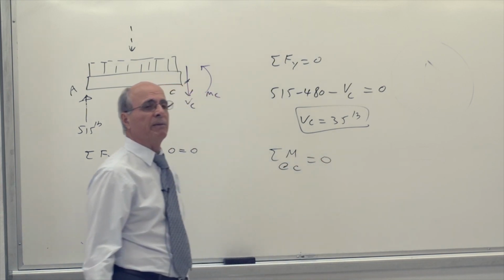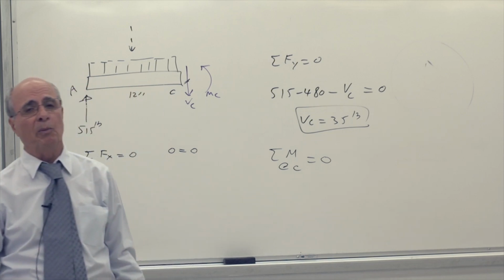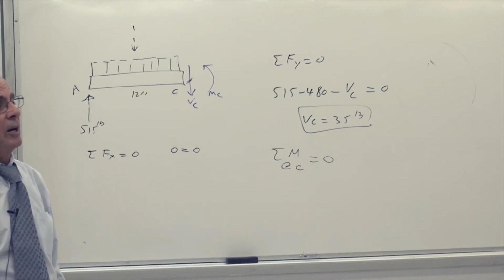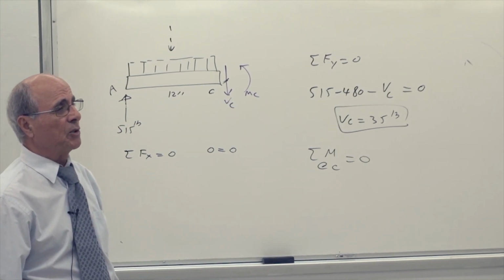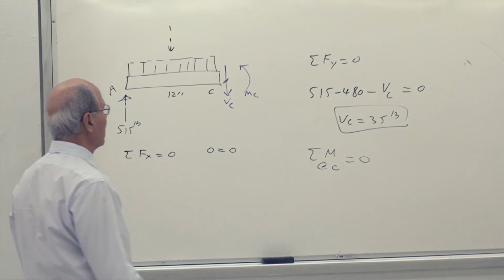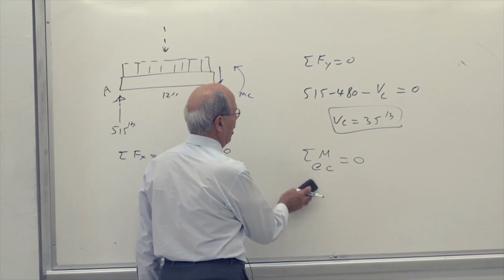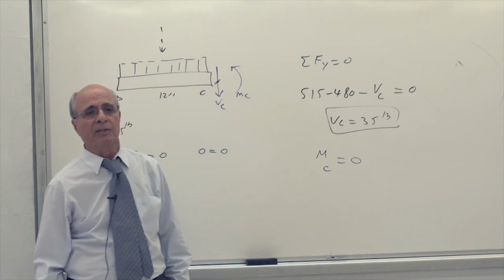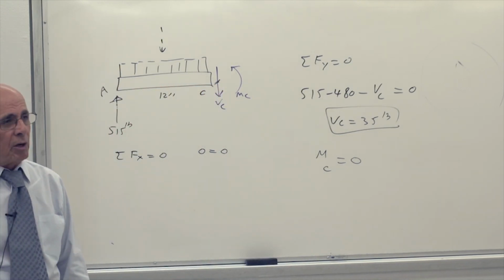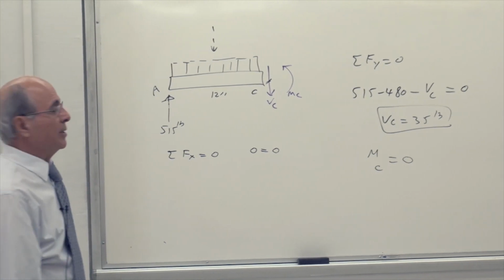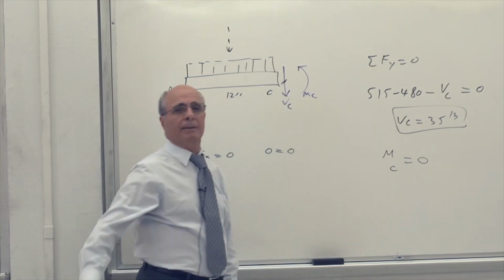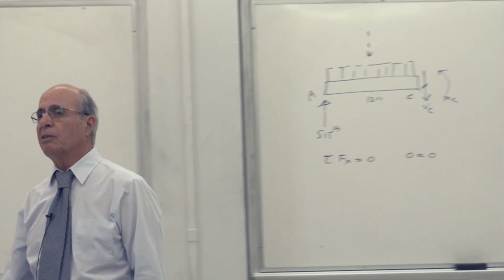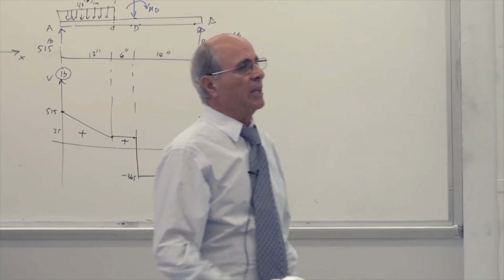Now I have one more complaint to make. No matter how many times I say it, students still do that. Many of you, when it comes to this point, I don't know how you learned the static. Rather than the way I wrote it, you write like this. What does it mean? If you write it like that, that means this moment equal to 0. That's what you are saying. Is that correct? Absolutely not. That's not what I said.